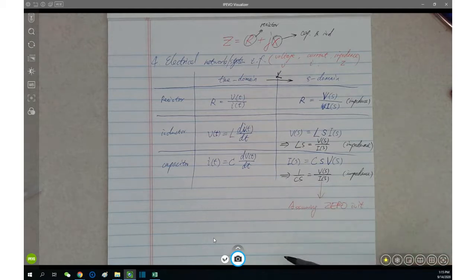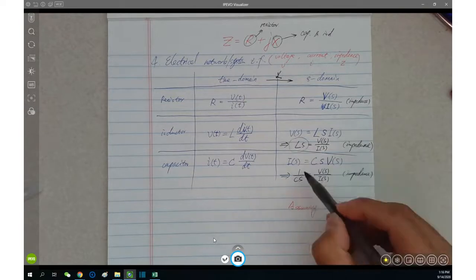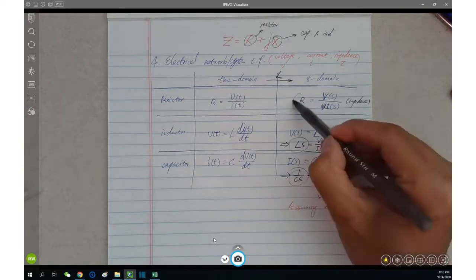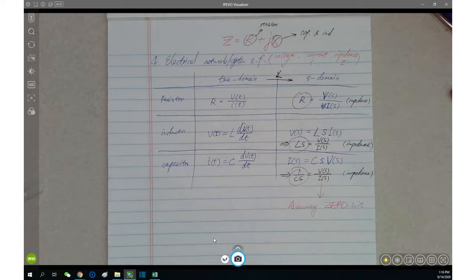In the frequency domain, the inductor is nothing but inductance times s. The capacitor is 1 over capacitance times s. That's the thing we really care about, the impedance in the frequency domain. We will go through examples to see how we're going to use them.